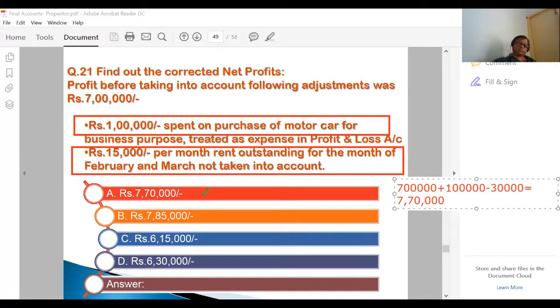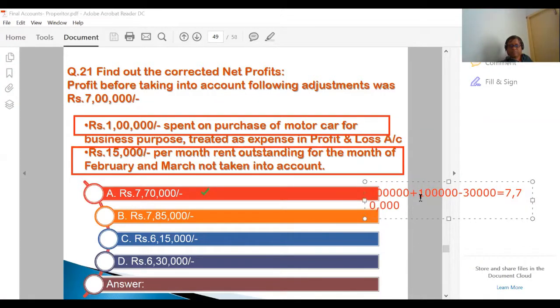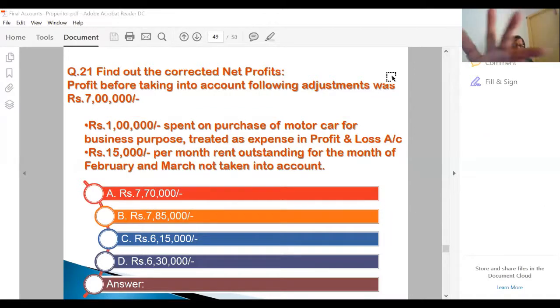Okay. I'll be erasing this. So move on to the next question.